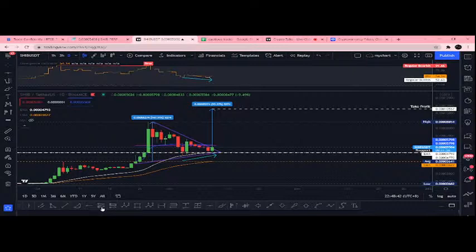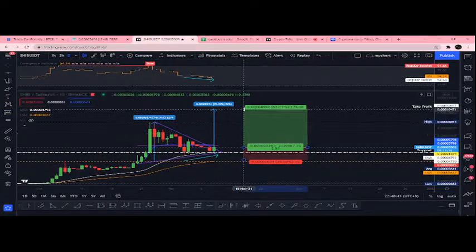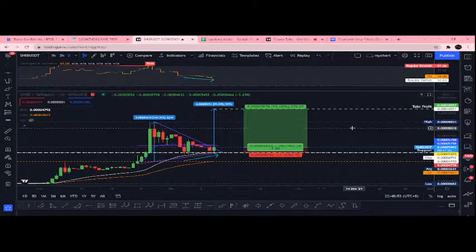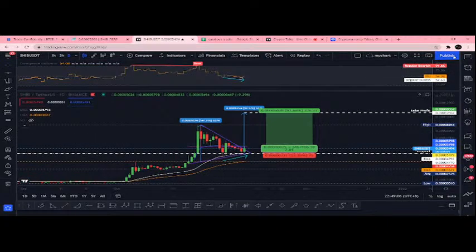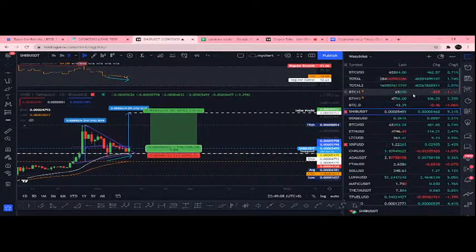So what's the possible risk reward from here, if ever? That's still a possible risk reward of 7.04, or a possible 92.68% without leverage. So I think that's it for now for Shiba.